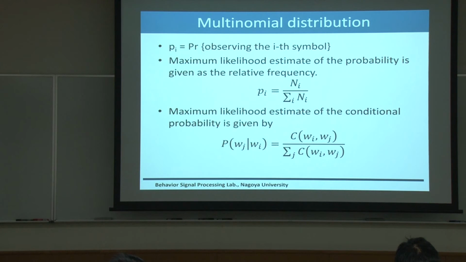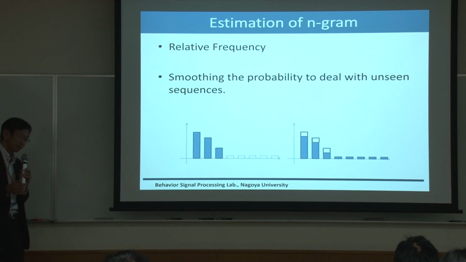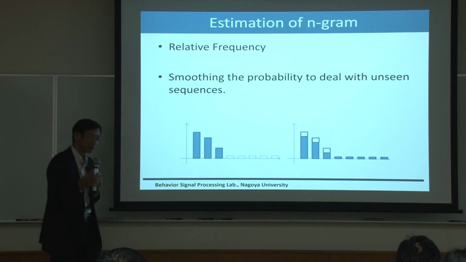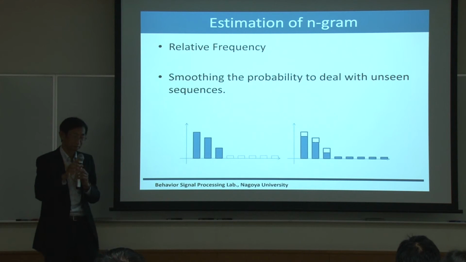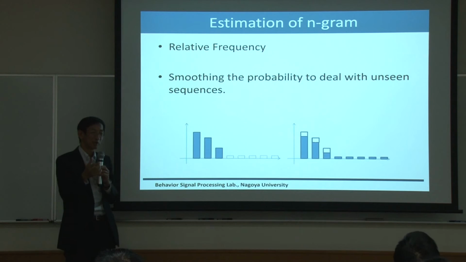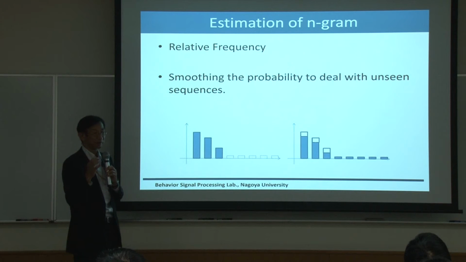But again, the crucially important thing is that your observation is limited. So even though the probability is not zero, in some context you do not see that particular realization, which means that your estimate of the probability of such a realization becomes zero.